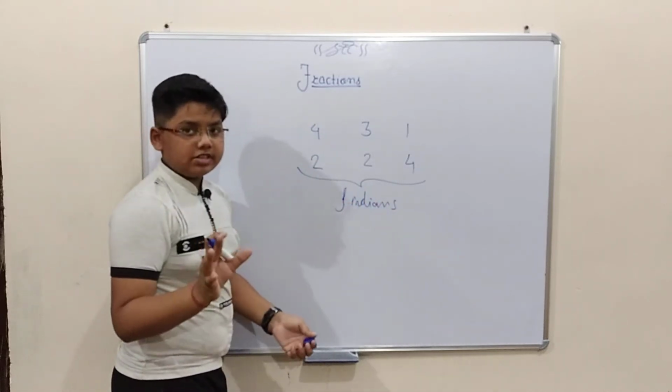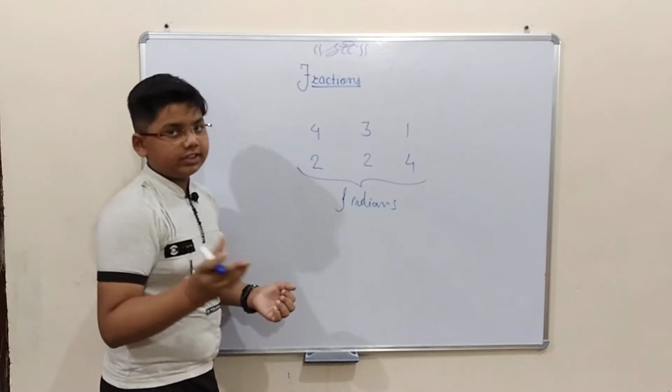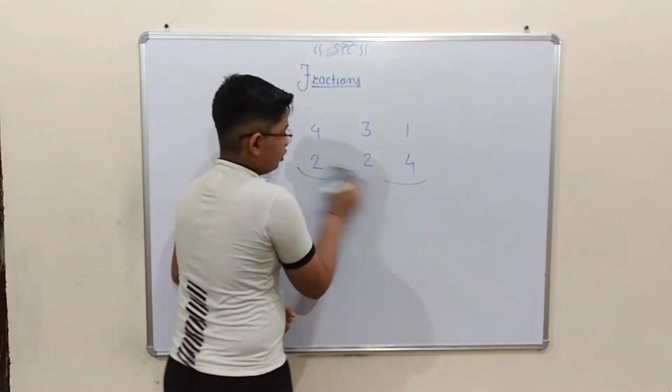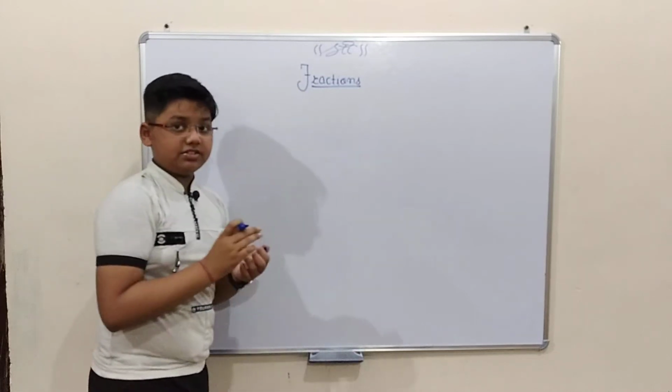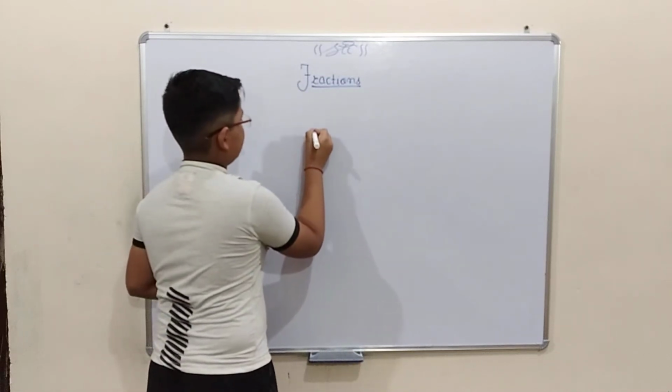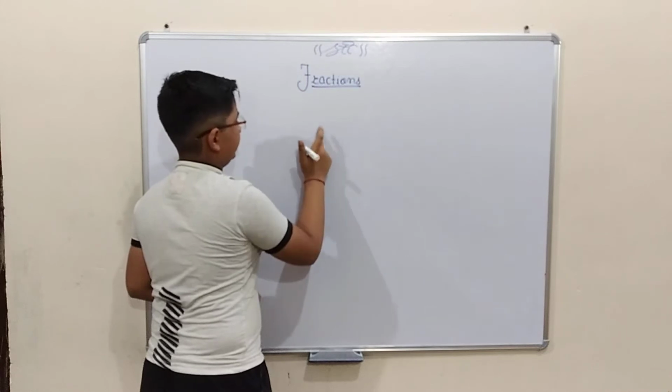Now I will give you a symbol and you have to understand which fraction it is. It was used in Egypt to identify fractions, that is the history of the fraction. Suppose I show a symbol like this.